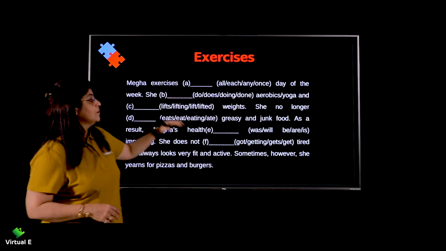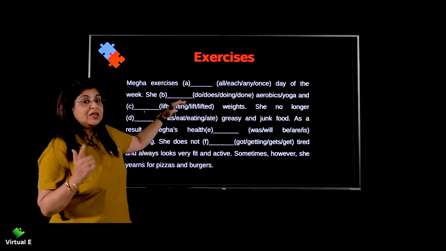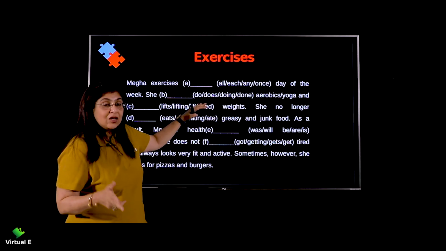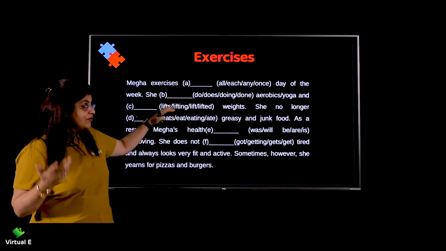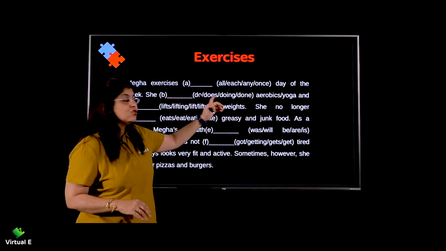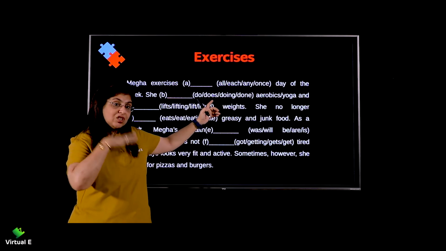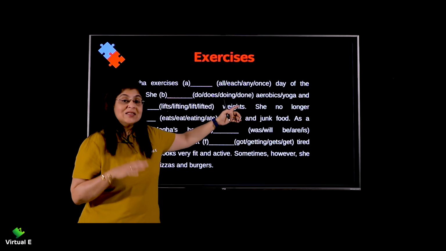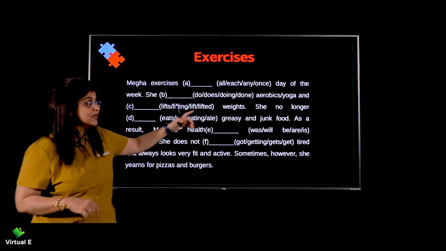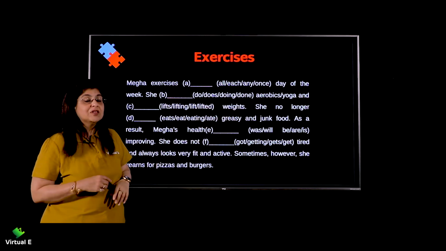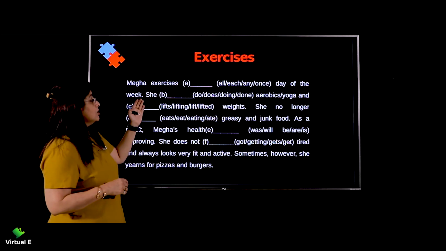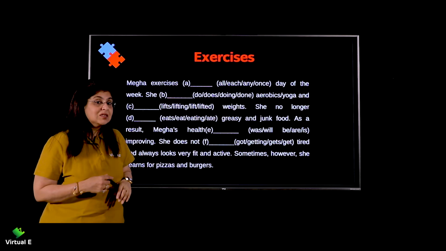aerobics or yoga. She do, she does, she doing, or she done? Now we very clearly know it is not doing because there is no is, and this is not something which she is doing now. She hasn't done it. It's not perfect tense. What is the option left with us? Do and does. Now she is the third person.